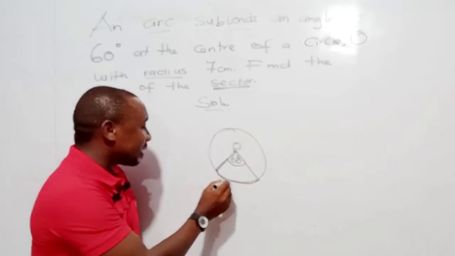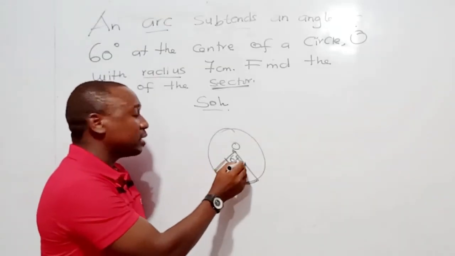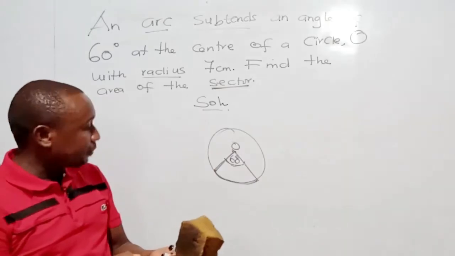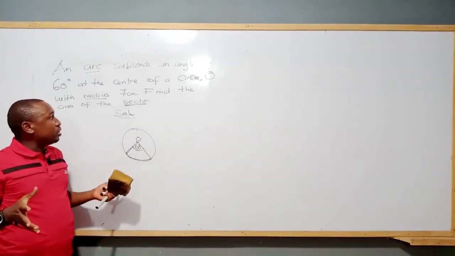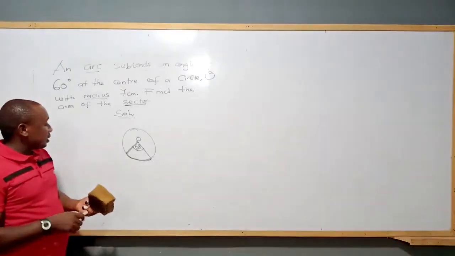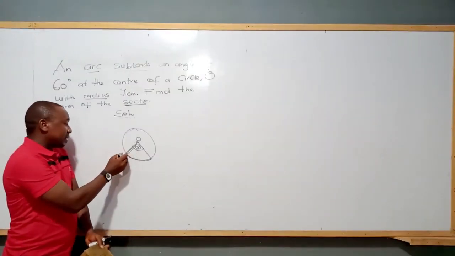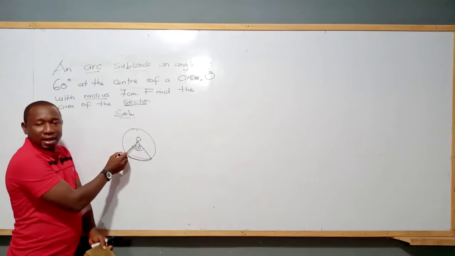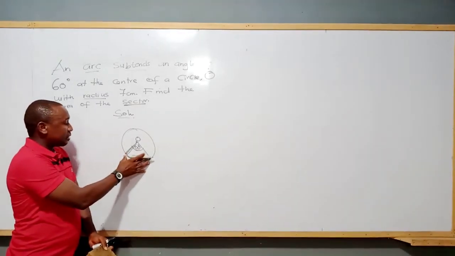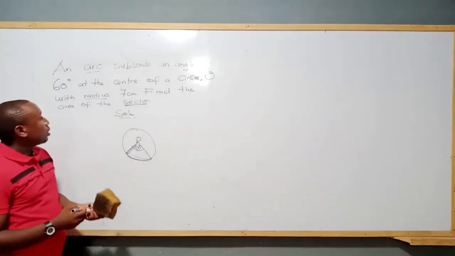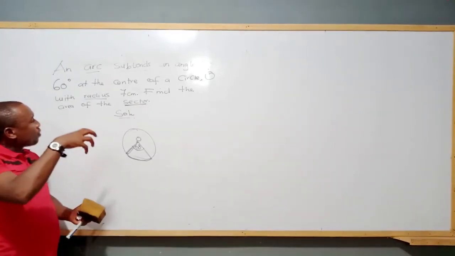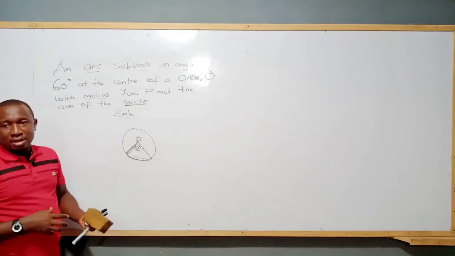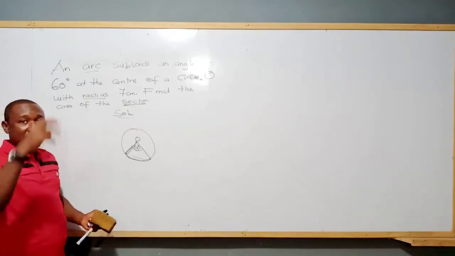This arc is holding an angle of 60 degrees at the center of the circle. That is the meaning. So this gives us a sector. The question says we should find the area of that sector.